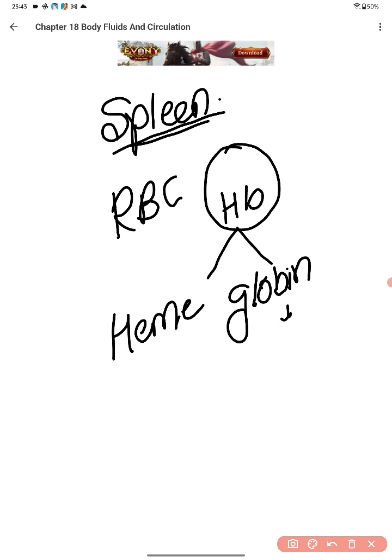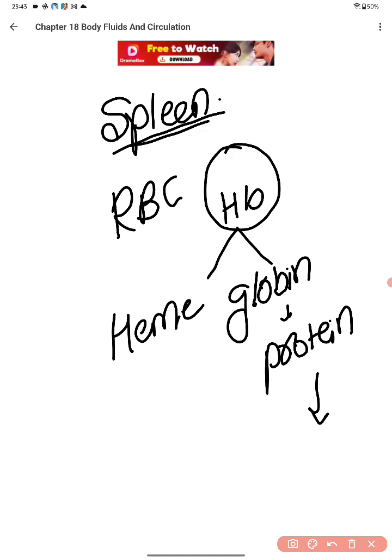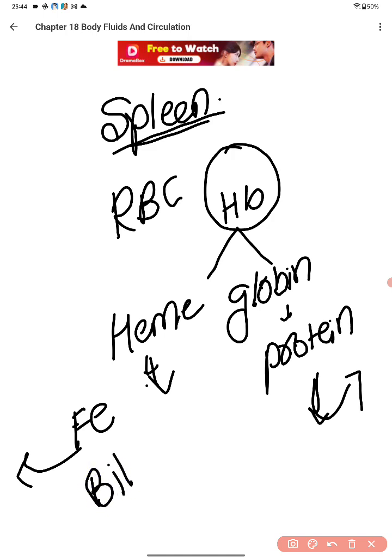The globin part is the protein, and this protein is utilized for the next production of hemoglobin. But the heme part contains iron. This iron is utilized for producing new hemoglobin, and the heme is converted into biliverdin. Biliverdin is a green color pigment, and this biliverdin is then converted into bilirubin.